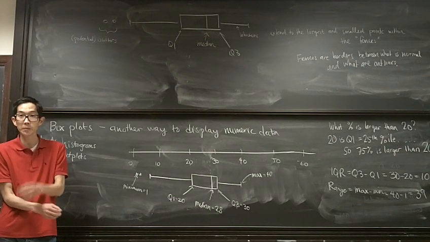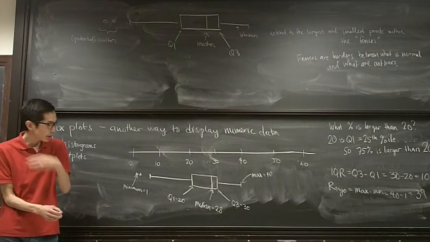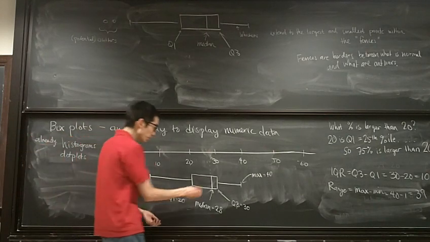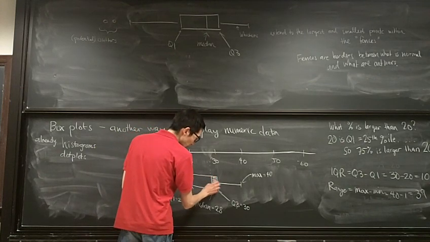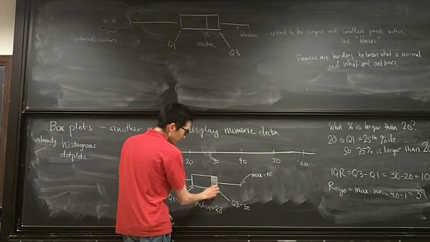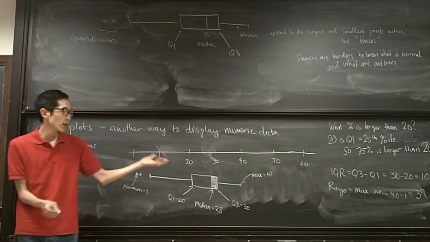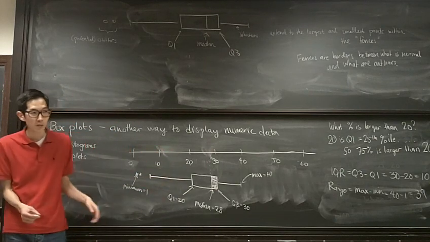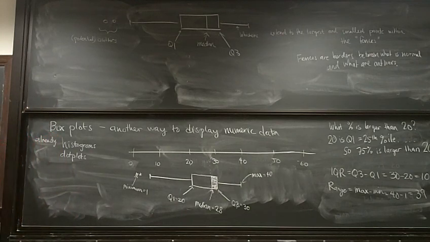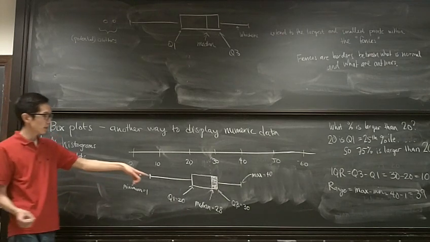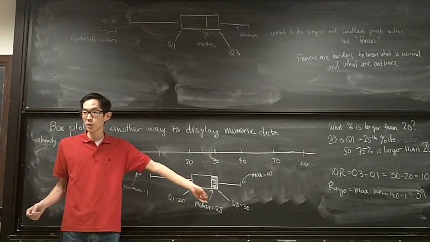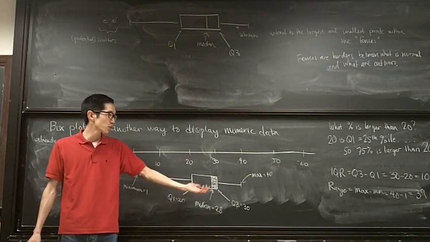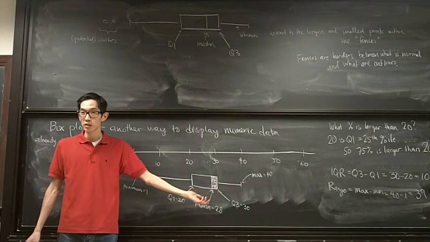Okay, do you guys have an answer? 25%. 1/4 of your numbers, 1/4 of the people are between 28 and 30, just in this small slice, okay? That's because your median is at 28, and Q3, your third quartile, the 75th percentile, is 30. You got 25% between there and there.